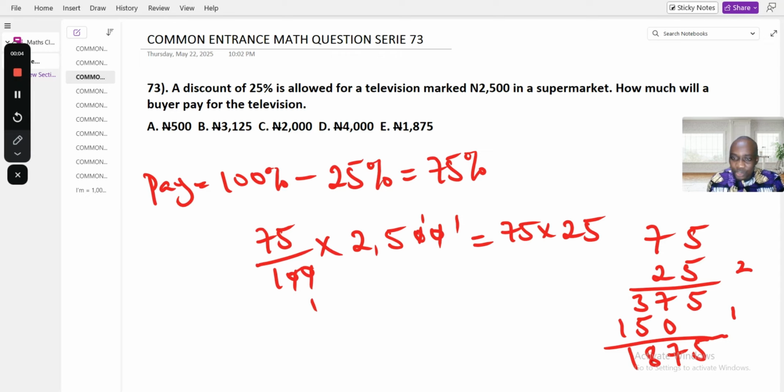Therefore, the customer is going to pay how much? The customer is going to pay 1,875 naira. Where is our answer here? Number E is our final answer. Let's move to the next question.